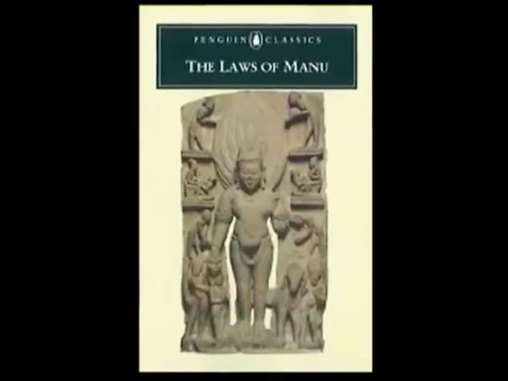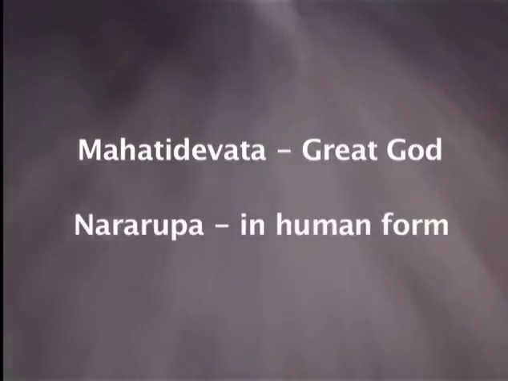This comes remarkably parallel to the famous dictum of the Manu Samhita that even an infant ruler could not be disobeyed because he is verily a great god, Mahate Devata, standing in human form, Nararupa. So there is a remarkable parity in the claim of divinity in theoretical treatises and the practice of the claim of divinity by several rulers.